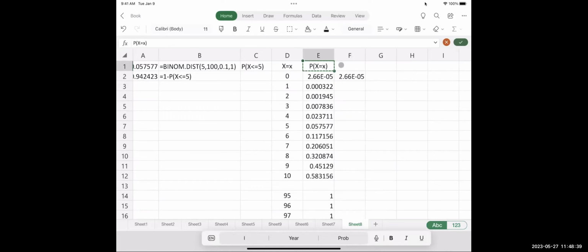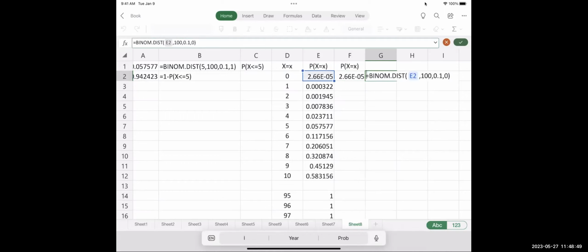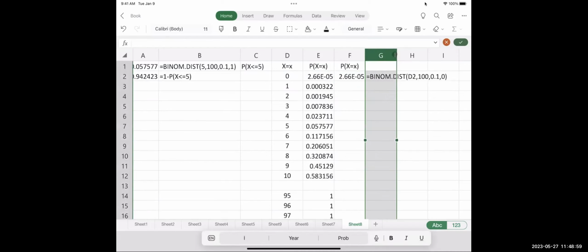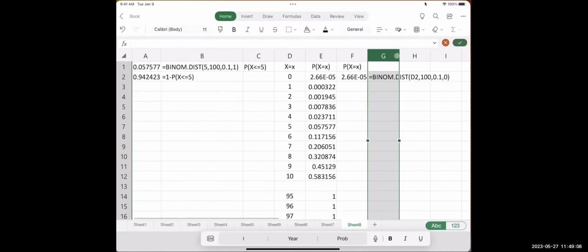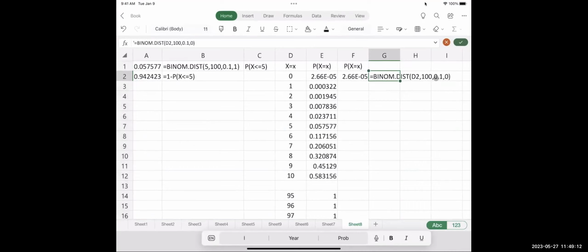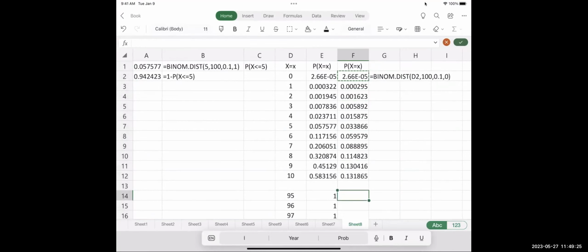Anyway, I put a 0 here instead of the 1 that I put there, and then you'll see all the individual values as they go up and down.